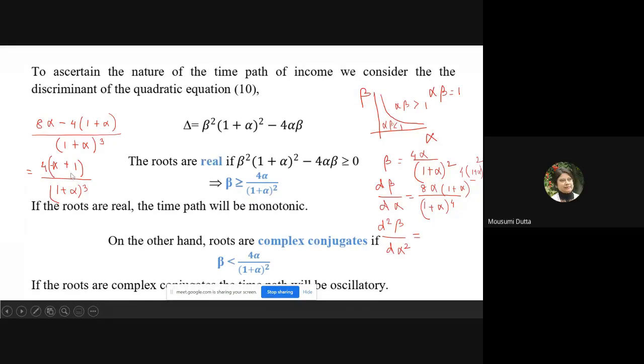And some students told me they are getting this. Since I didn't do this on my own, I am asking whether it is alpha minus 1. From this equation, I am getting 4 into alpha minus 1 divided by 1 plus alpha whole cube.